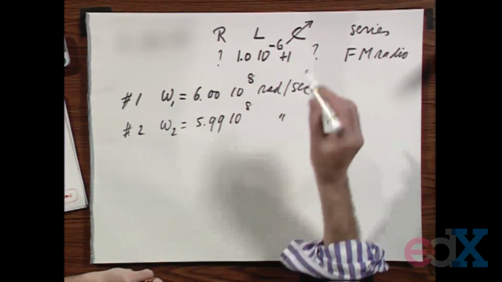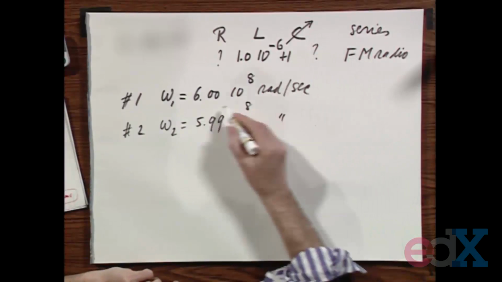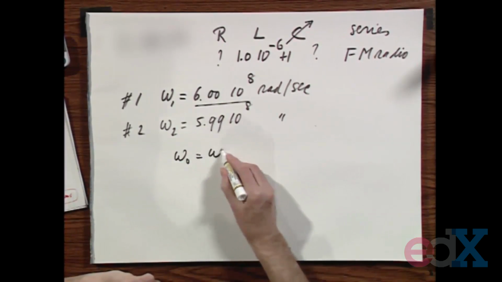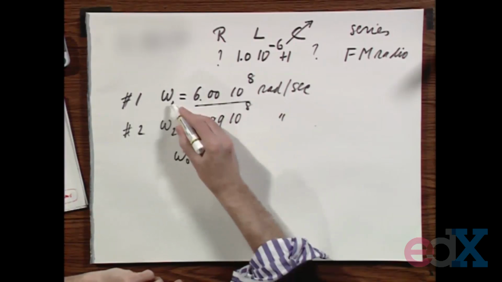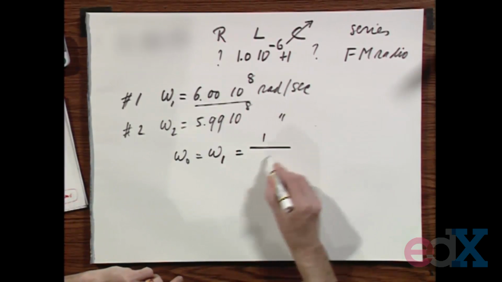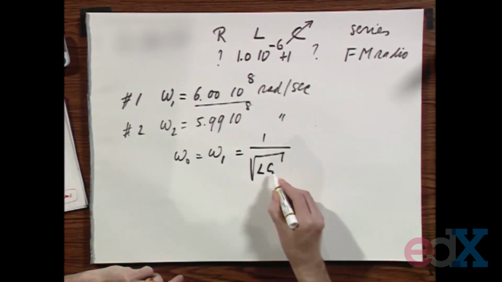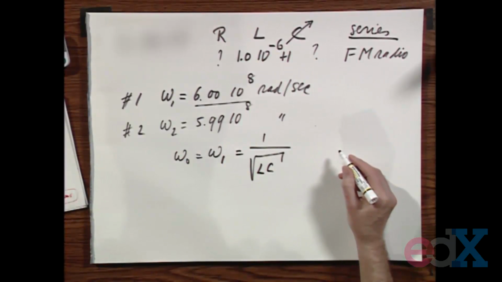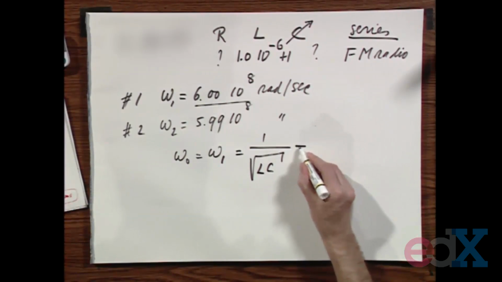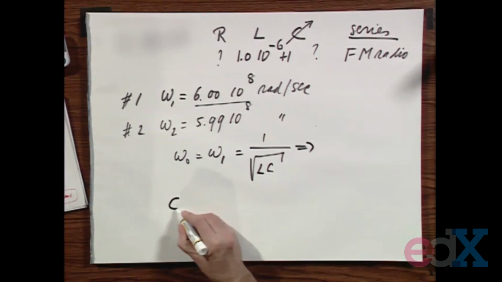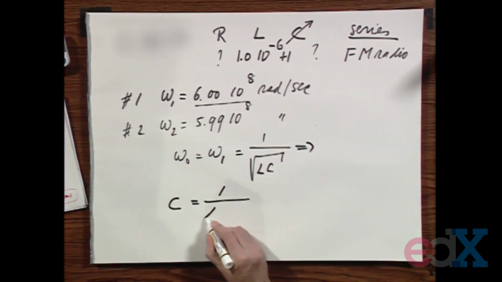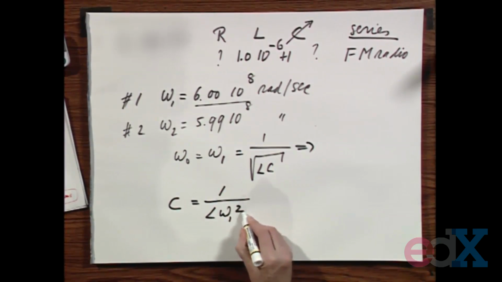If I tune exactly in with my variable capacitor on this frequency, then omega 1 must be omega 0, and omega 0 is 1 over the square root of LC, as we have seen many times for a series RLC circuit. And so you'll find that C, if I square this, equals 1 divided by L omega 1 squared.